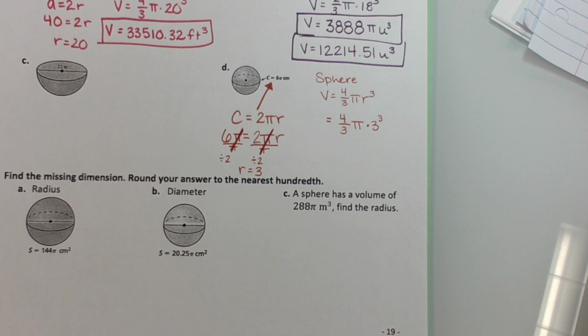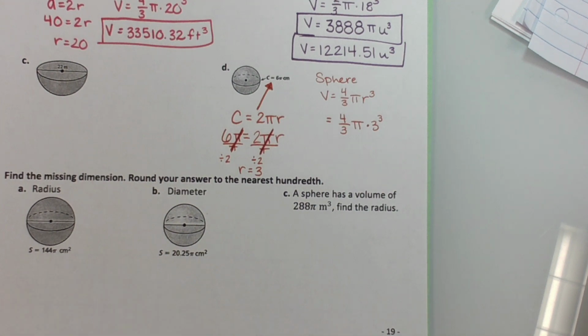But a common mistake I see when people do that: can I just cancel out these 3's right now? No, because the 3 is cubed. All you technically did was cancel out one of the three 3's that are sitting there. So be careful of that.